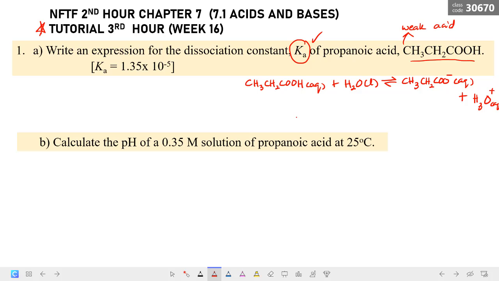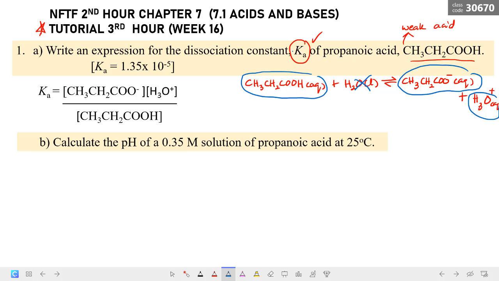When we write the Ka expression, it is similar to the Kc expression, di mana kita akan mengambil kira concentration of the product, hasil darab concentration product dalam phase aqueous, divided by the initial concentration of the acid. We ignore the concentration of water. So this is the Ka expression, as it is. Kalau salah, salah lah.